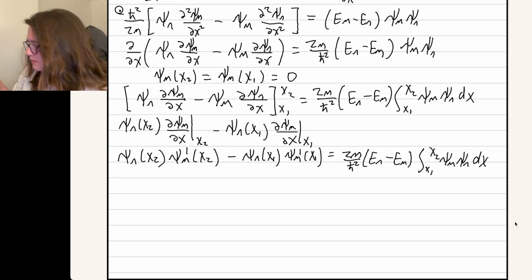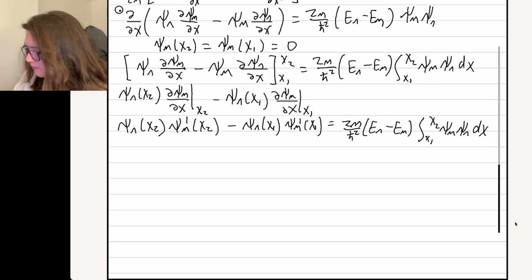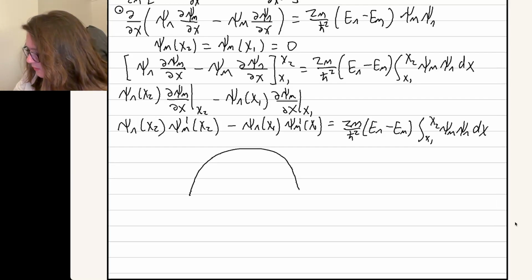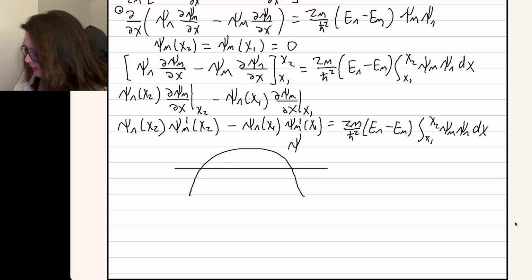So if they're adjacent nodes, we'll draw a little wave packet here, where it crosses the x-axis at 2 different points that are adjacent to each other. So this is psi m here, and this is x1. This is x2.